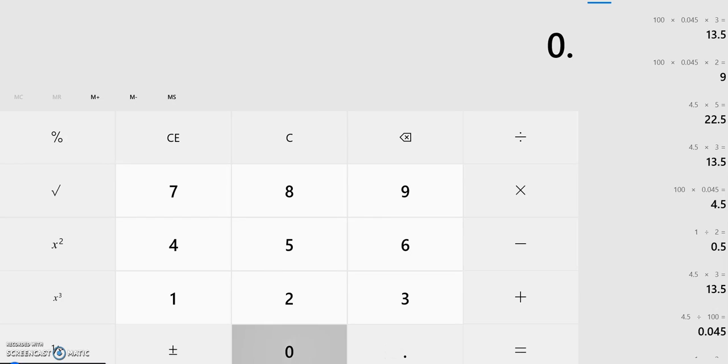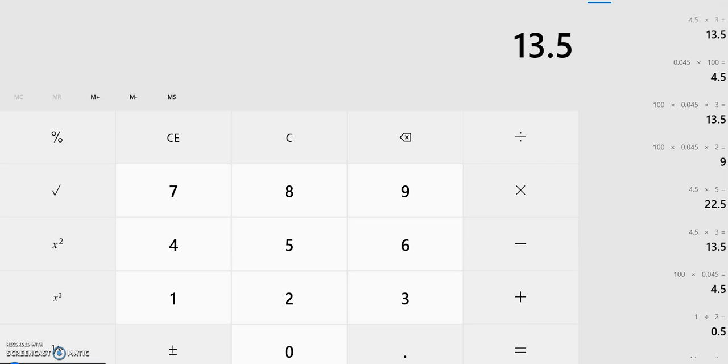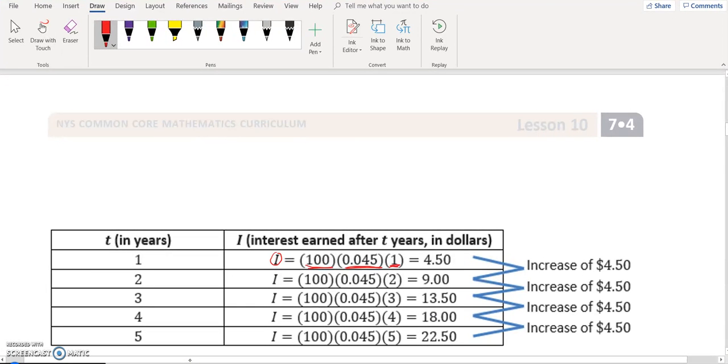After 4 years, 100 times 0.045 times, whoops, I did 3 years again. I was supposed to be doing 4. Okay, so what's happening here? So it's increasing $4.50 every single time.